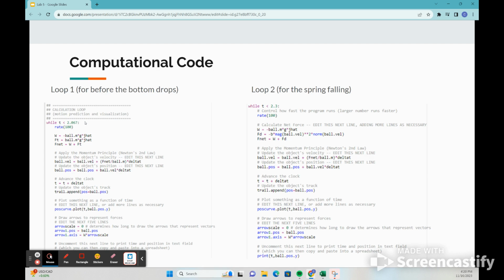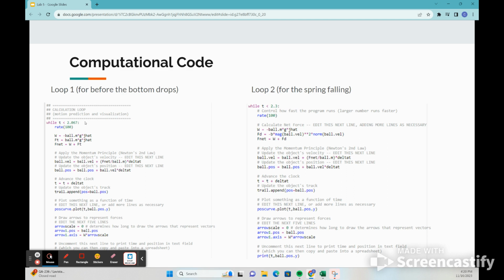So next we've got our computational loops. There are 2 of them. The first one is from time equals 0 to 2.67, when the bottom of the Slinky begins to fall. In there we've got the weight of the Slinky and the force of tension, and the 2 should equal 0, then the position and velocity update formulas for the bottom part of the Slinky. So that runs and plots out our position. And then the next one changes a little bit for when it begins to actually fall.